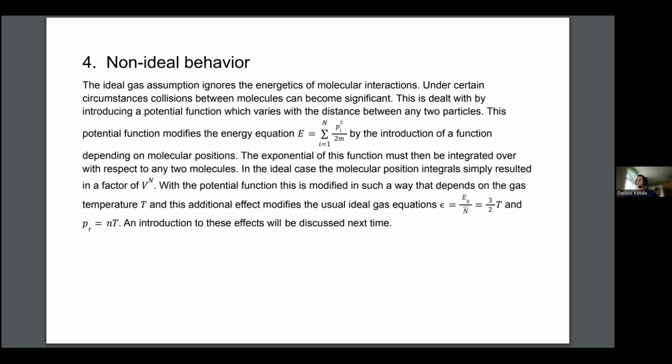The exponential of this function must then be integrated over with respect to any two molecules. In the ideal case, the molecular position integrals simply resulted in a factor of V to the power of N. With the potential function, this is modified in such a way that it depends on the gas temperature T, and this additional effect modifies the usual ideal gas equations.